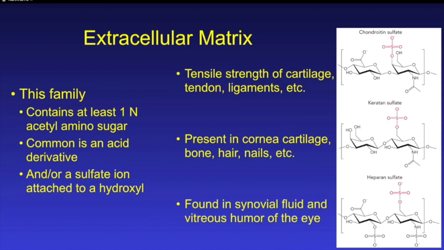And then inside the eye, it is not truly liquid, it is more a viscous material, and so the synovial fluid and vitreous humor of the eye is made up of this heparin sulfate, which is short polymers of this disaccharide that are dissolved in water and create this really thick kind of gel-like material that is found in those compartments.